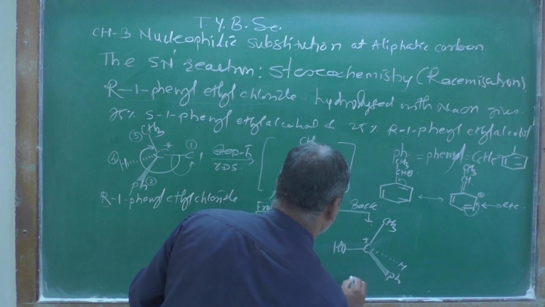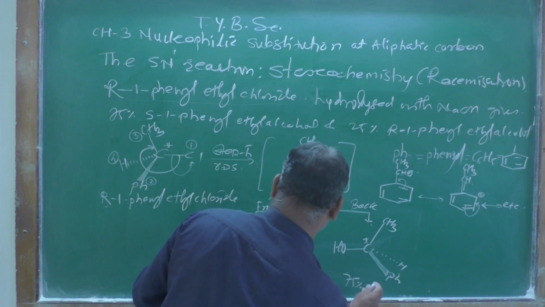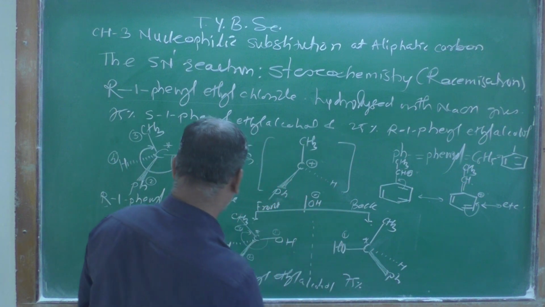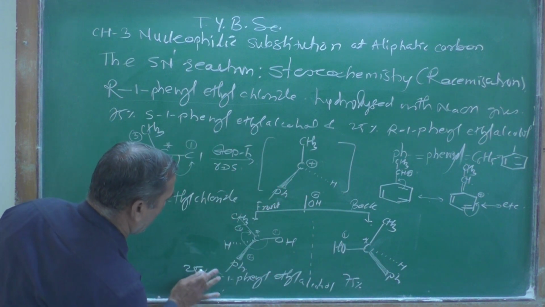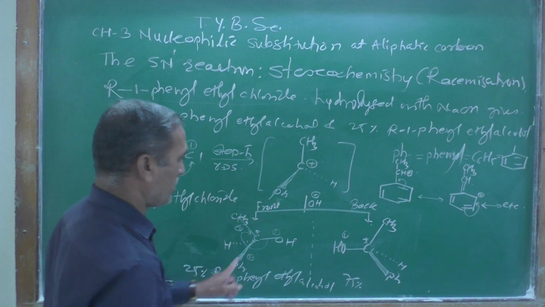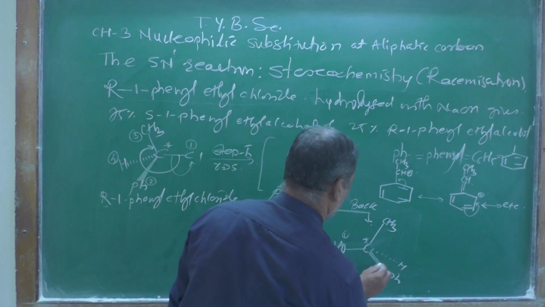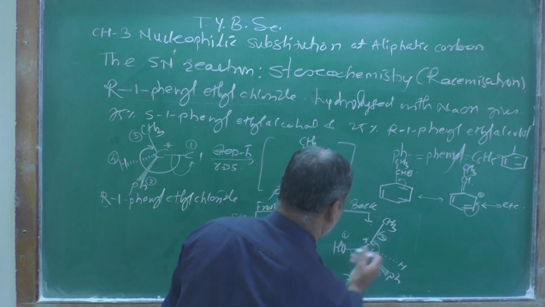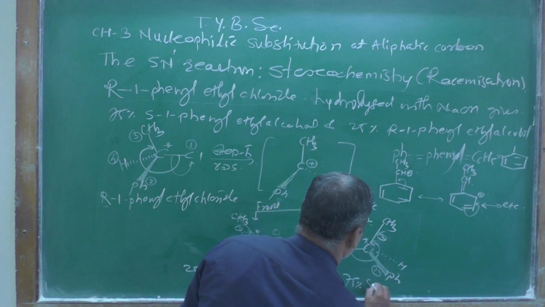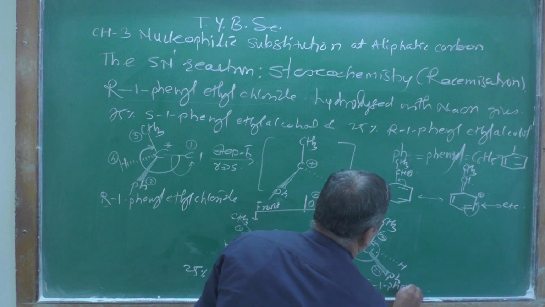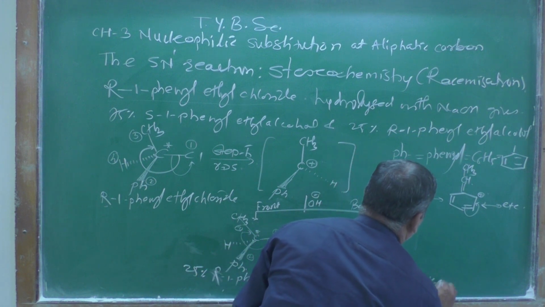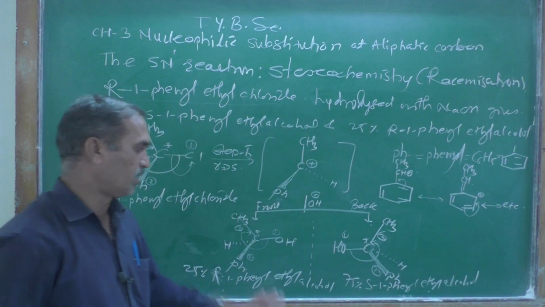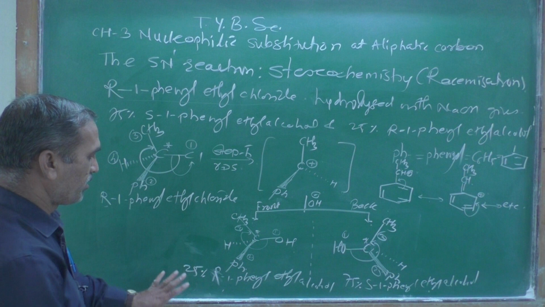Here is 75% R. Sorry, here is R, and here we are getting 1, 2 and 3, that is 1-phenylethyl alcohol.